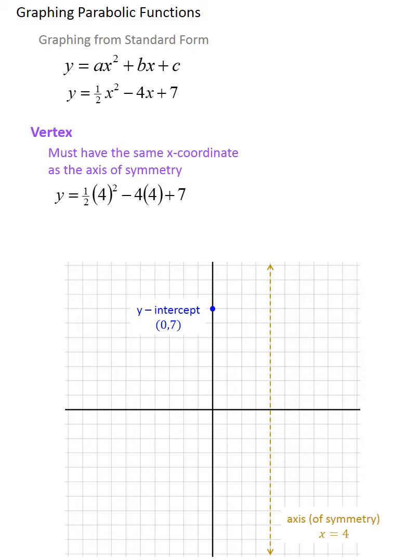Notice I've plugged 4 into the original problem here. I worked all of this out on scratch paper, not shown in the video, but it did work out to -1. Now that's the y-coordinate of my vertex. I already knew that the x-coordinate was 4 from the axis of symmetry. Therefore, my vertex is at 4, -1, which is right here.